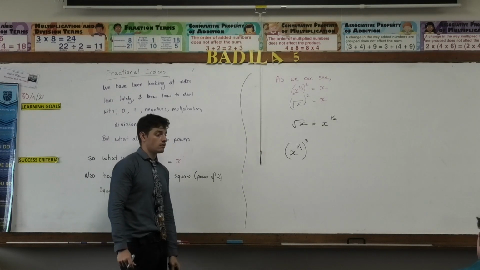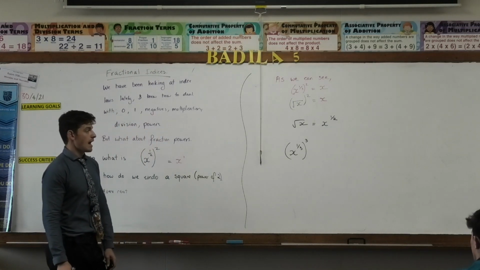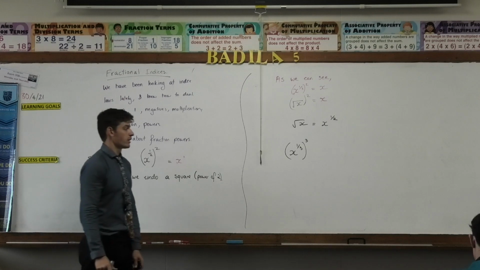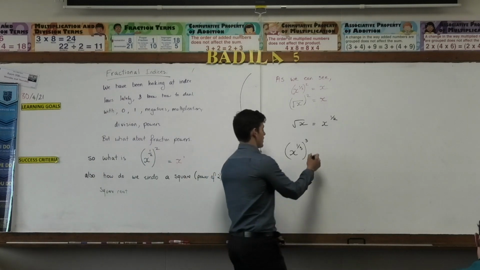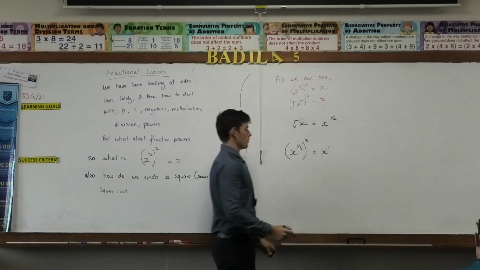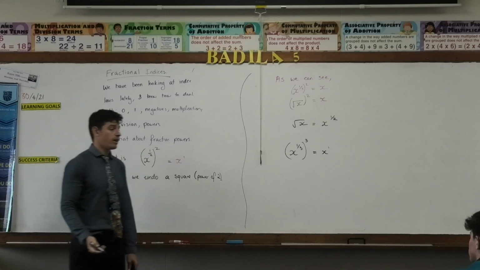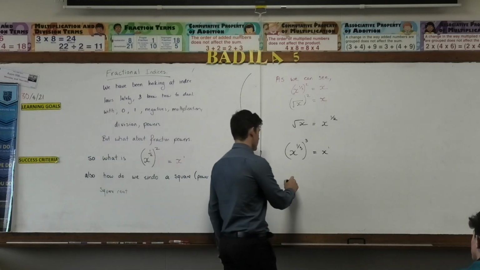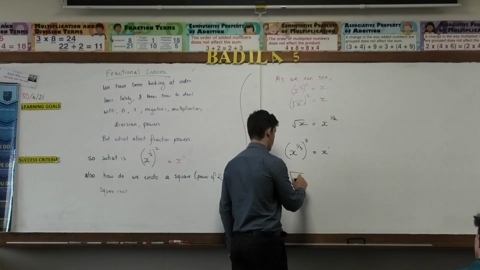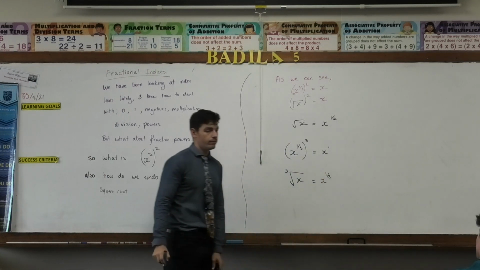It does happen, and it happens a lot more in senior than it will here. So that equals x to the power of 1. What can you tell me about the cube and the 1 on 3? They're cancelling each other out. So what's the opposite of the cube? Cube root.